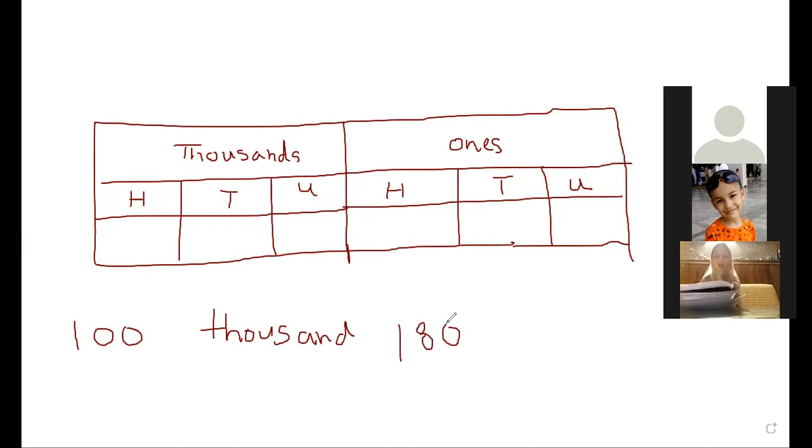We start reading from the right side. This zero is units, then tens, then hundreds. So these 3 values come under ones. Zero is in the units place, so I'm going to write it under unit, and 8 is in the tens place, so I'm going to write 8 under tens. Then I have 100. How many hundreds do I have? 1. So I'm going to write 1 here.